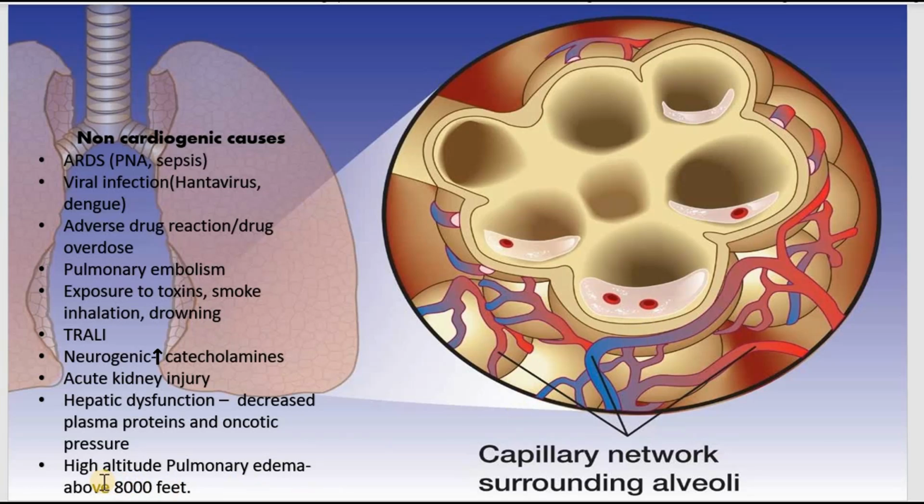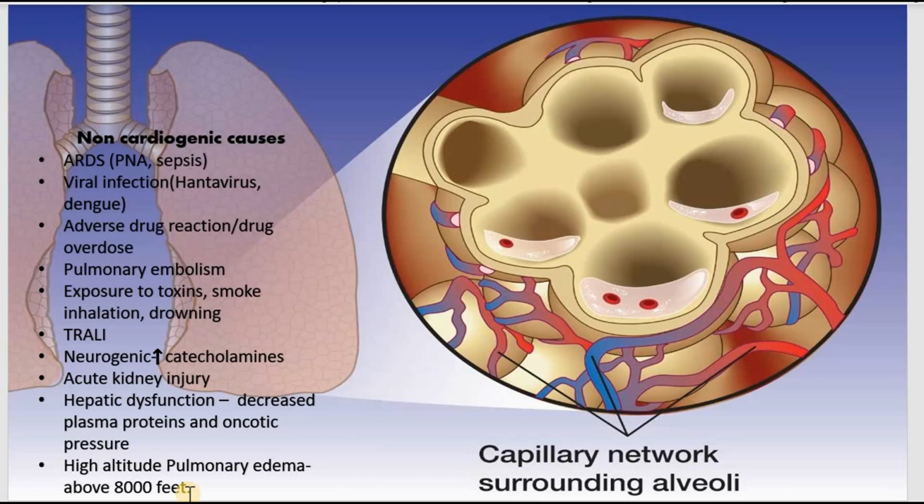Another cause of non-cardiogenic pulmonary edema is high altitude pulmonary edema. That is, when a person travels or exercises at a higher altitude, usually above 8,000 feet, pulmonary edema can happen. This is because at higher altitude, the inhaled air has low oxygen concentration.